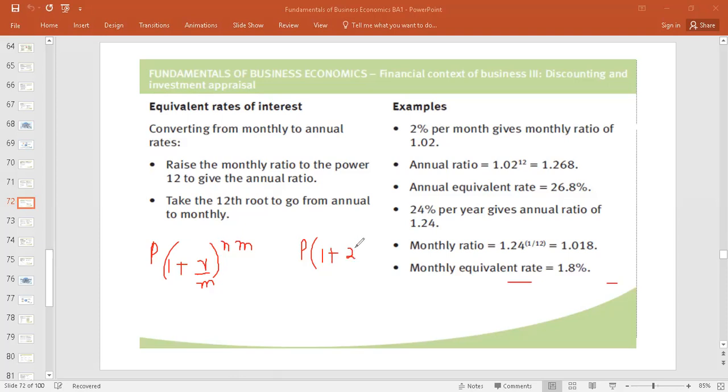Since it is already given per month, the exponent would be 12, because in a year it is calculated 12 times. So it will go like this. The annual ratio is 1.268. To get the annual equivalent rate, we raise it to 12 times.